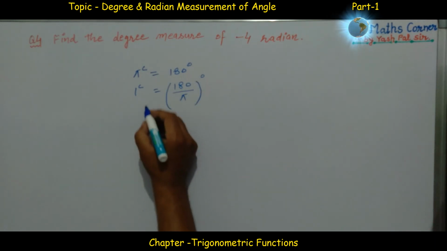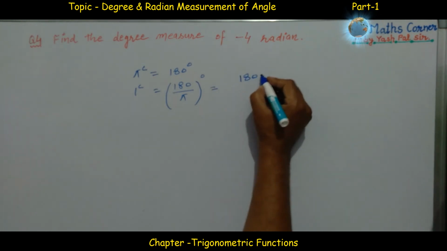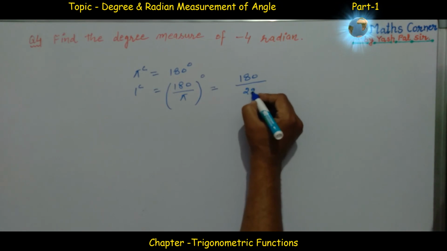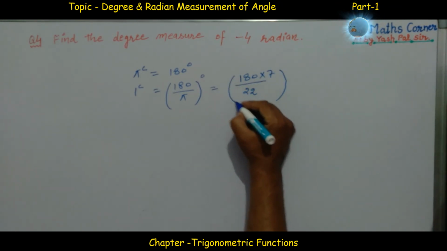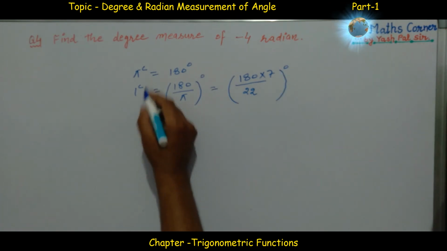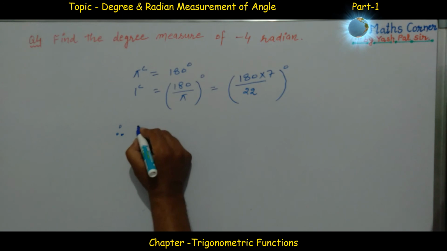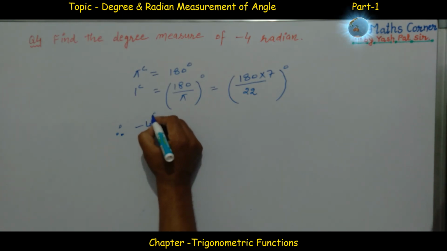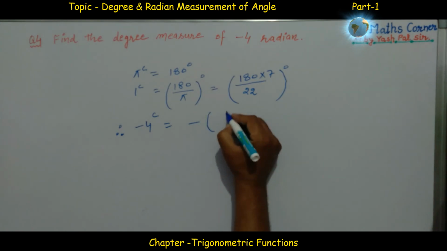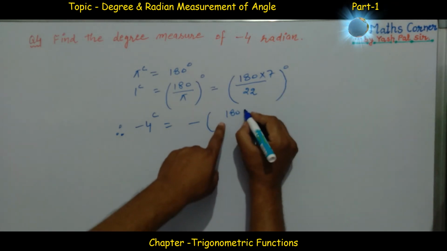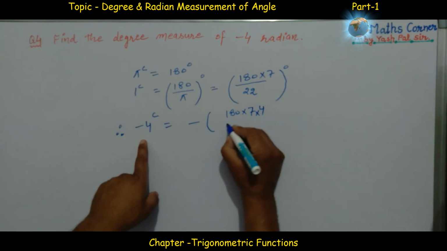So next, we can also write this as 180 divided by 22 upon 7 degree. If we simplify this, next, minus 4, so we just write here minus 4 radian is equal to minus 180 into 7 into this 4 divided by 22 degree.